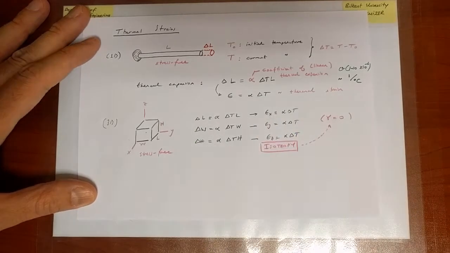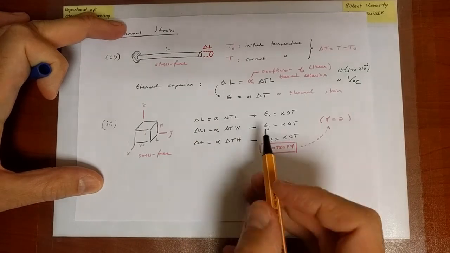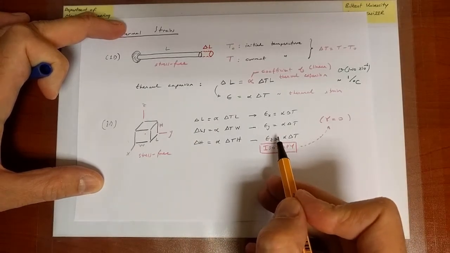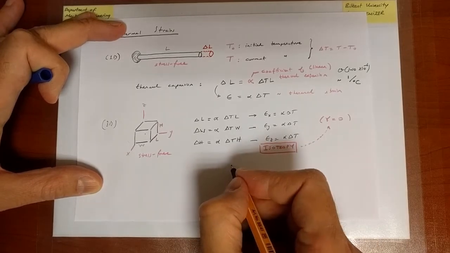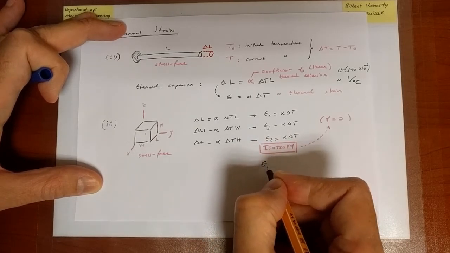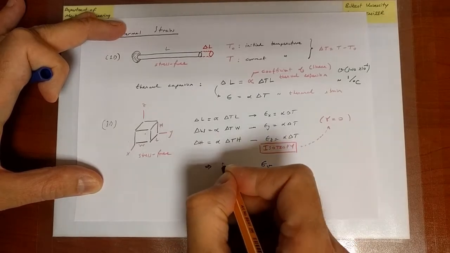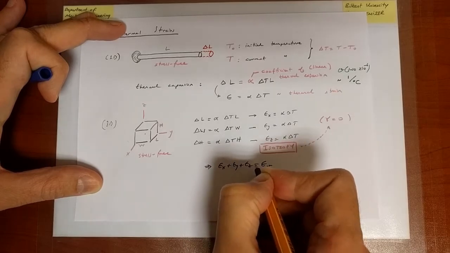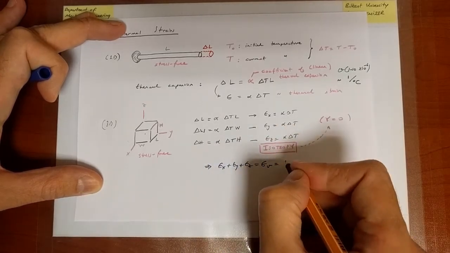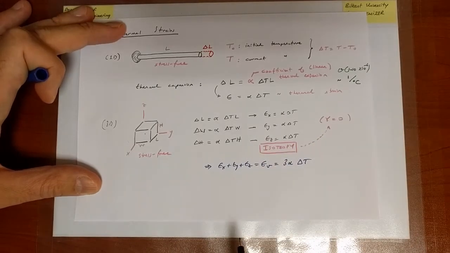So from these three quantities, you can immediately see that in this particular example, we get a volumetric strain in this case. Remember its definition. The volumetric strain is equal to the sum of the normal strains, which are all the same, alpha delta T, which comes out to be 3 alpha delta T in this particular scenario.